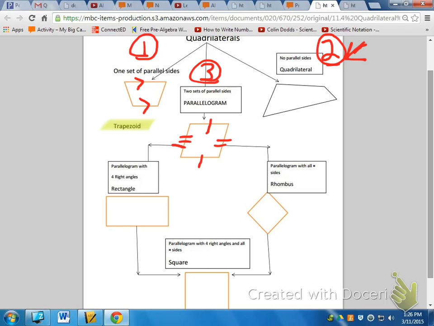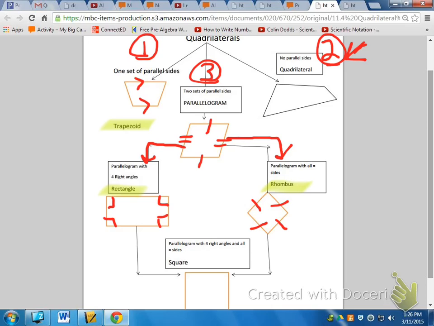If I leave the parallelogram and go to this more specific shape, they're parallelograms with 4 right angles, and those are known as rectangles. Going out the other direction, if you take your parallelogram and squish it together so that all the sides are equal, that makes a rhombus.